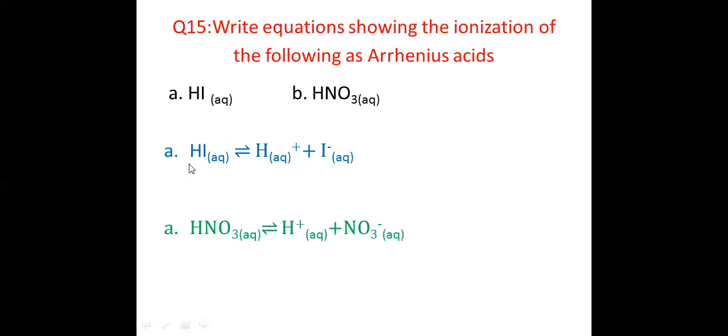So you can see hydrogen iodide will ionize and give hydrogen ion and iodide ion. Same for nitric acid. Nitric acid will ionize in water and give hydrogen ion and nitrate ion. So both are acids because both are giving hydrogen ion in aqueous solution.